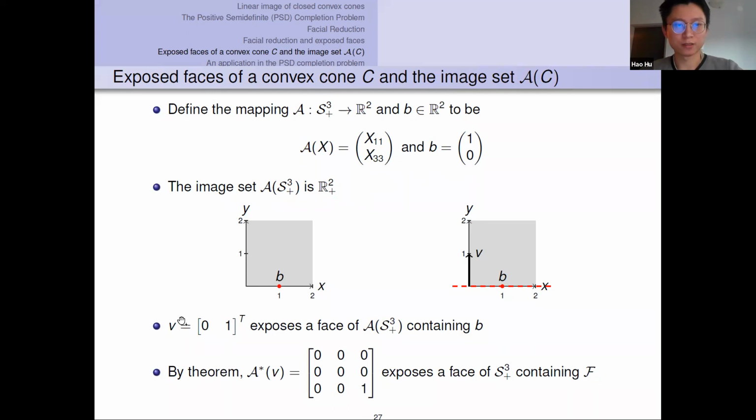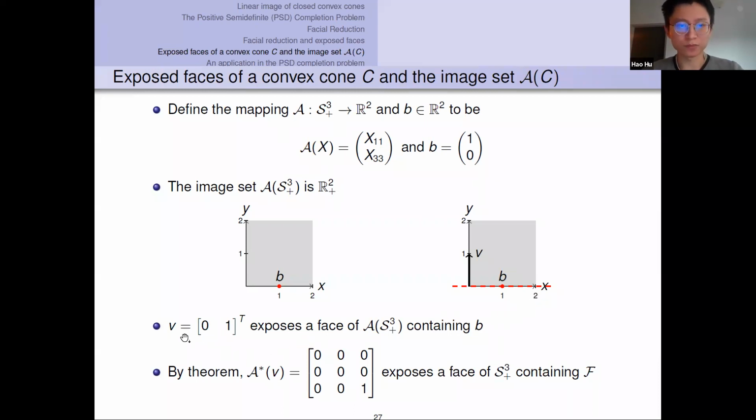The theorem says that if V, which is (0, 1), exposes a face of the image set containing B, which is clearly the case here. If you draw the vector V, which is here, and the orthogonal complement of V, which is this red line here, this red line clearly contains the face of the non-negative orthant containing the feasible set B, which can be visualized here.